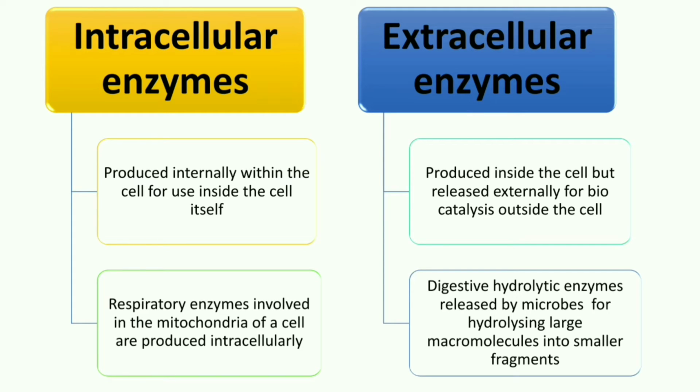Examples of such enzymes are digestive hydrolytic enzymes such as amylases and lipases, which bring about breakdown of large macromolecular structures such as carbohydrates and fatty acids into smaller components or fragments which can then easily be utilized.